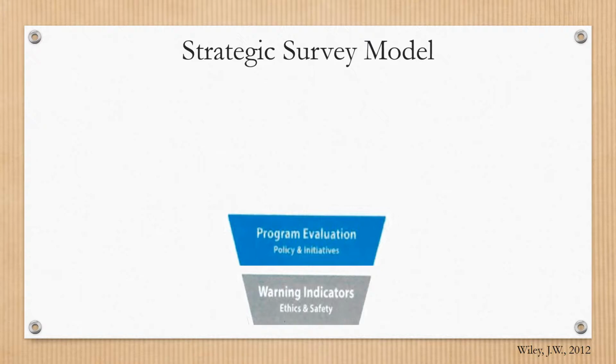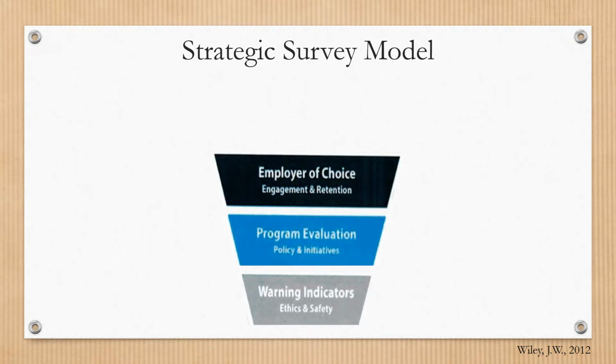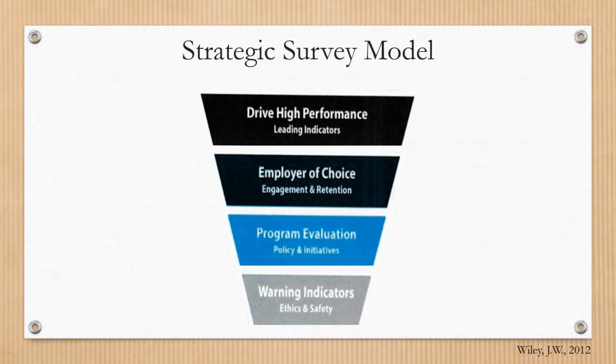Next is employer of choice, which assesses an organization's strategy as an employer of choice among its workforce, for example, a performance engagement survey. And finally, to predict and drive organizational outcomes such as customer service satisfaction and business performance.